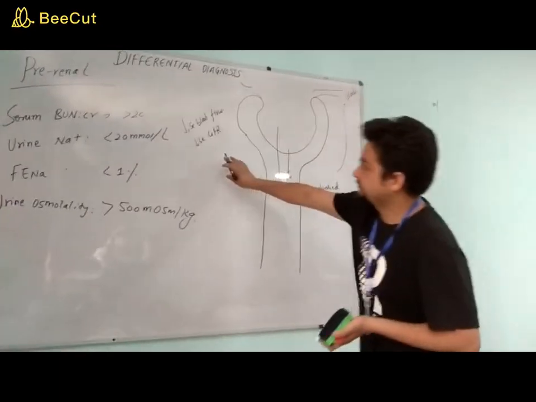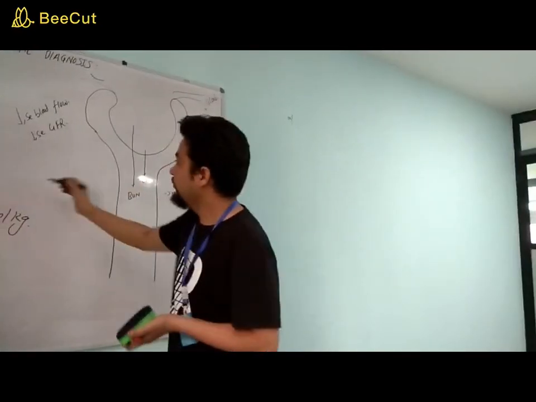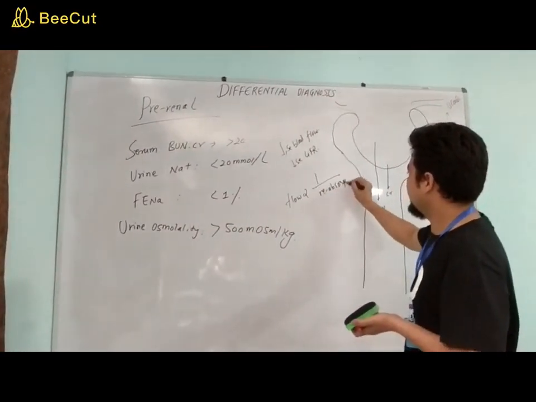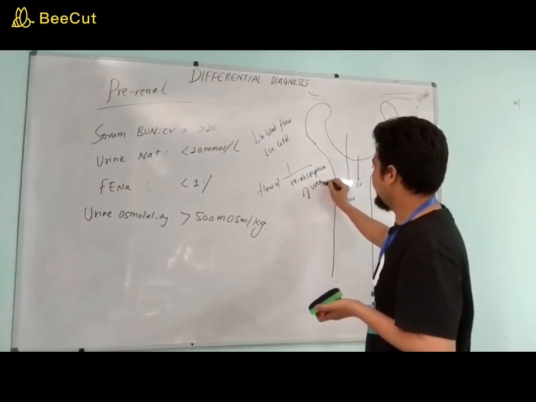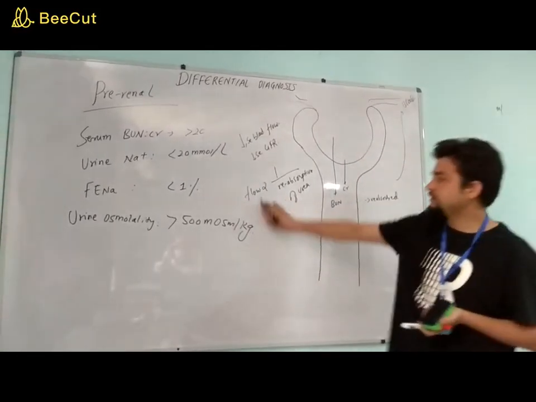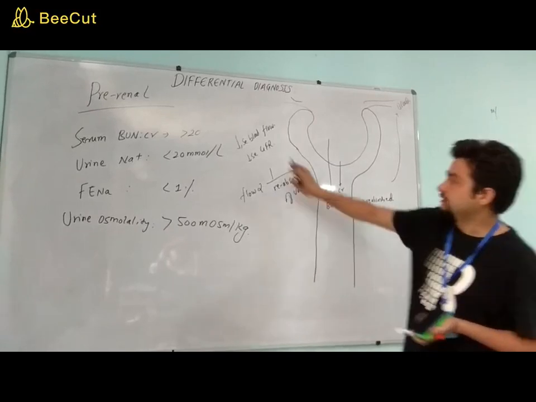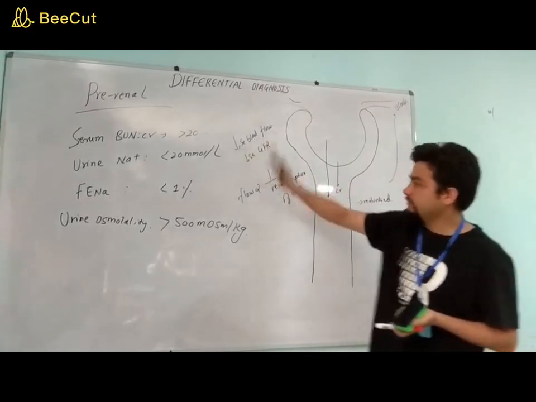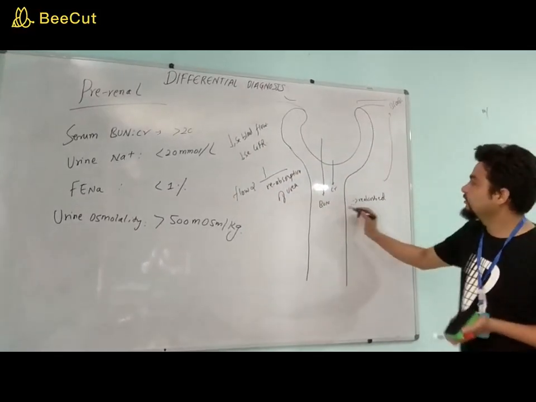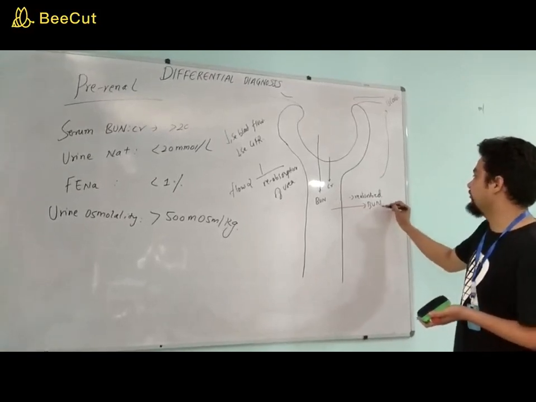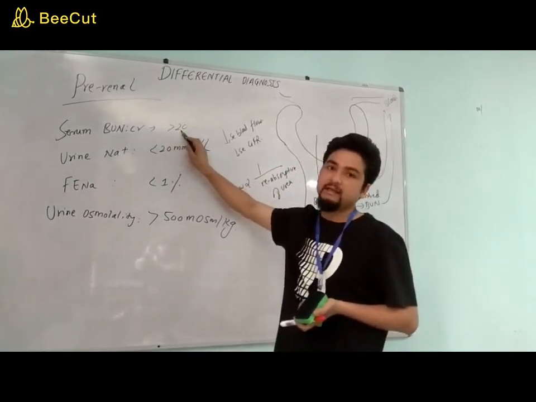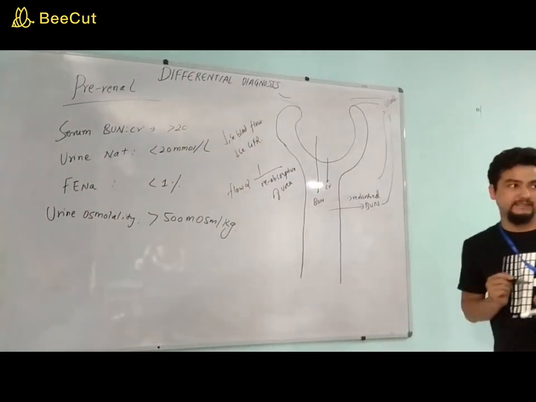So, what happens is that the flow is inversely proportional to reabsorption of urea. That means if flow is low, the reabsorption will be more. The GFR is low here, blood flow is low, ultimately the flow will be low. If flow is low, the reabsorption of urea is more. That means more BUN gets reabsorbed and there is more BUN in blood. That's why the BUN to creatinine ratio is greater than 20 in pre-renal disease.